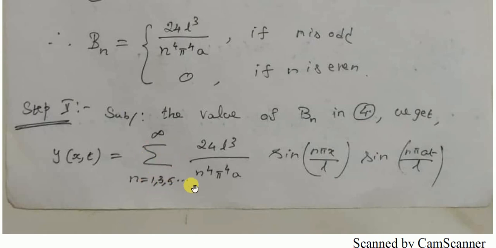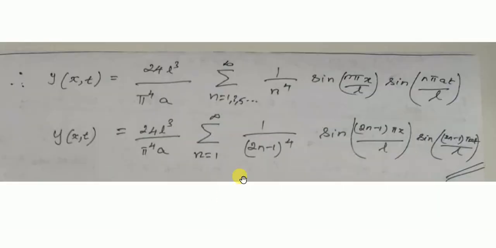So what we should do here is, if it is an odd number, remember to replace n, wherever n is there, with 2n minus 1. If you do so, you can rewrite the summation continuous from 1 to infinity. So if I substitute n as 1 here, I will get 2 minus 1, which is 1.